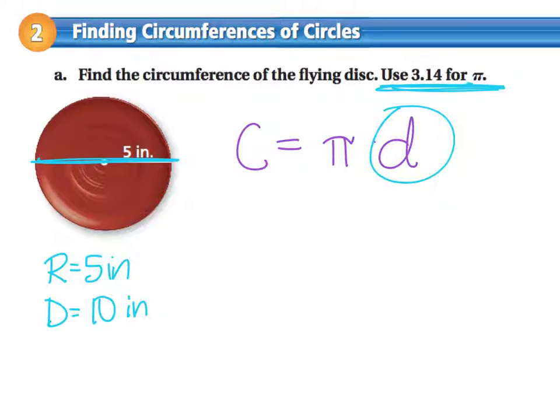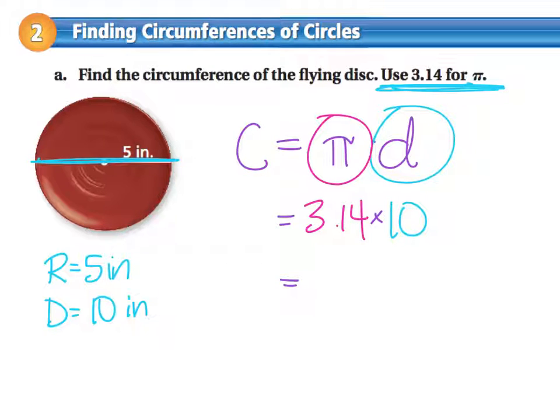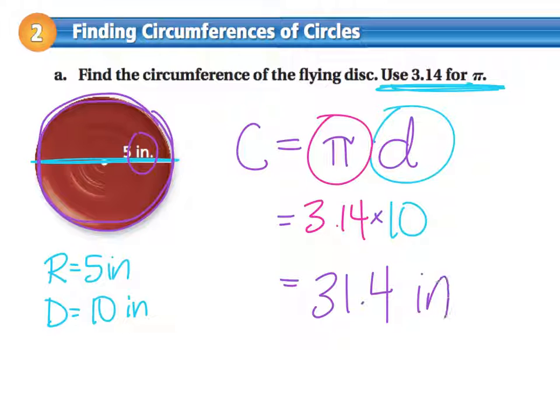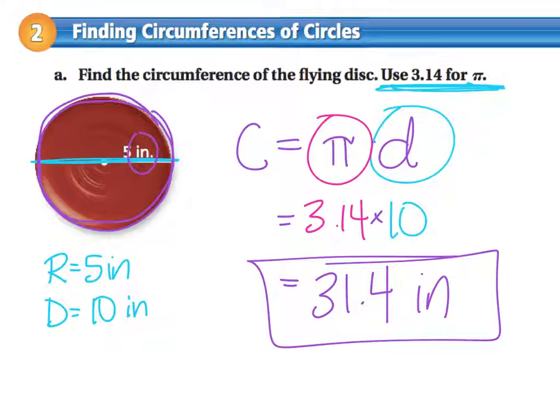Where I see D, I'm going to put 10 for my diameter. Pi, I said I was going to put 3.14. And I have to multiply. So if you grab your calculator, you do 3.14 times 10, and we get our answer of 31.4. It's the outside or around the shape, so we have to label it. 31.4 inches would be our circumference.